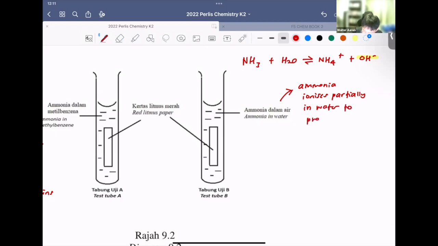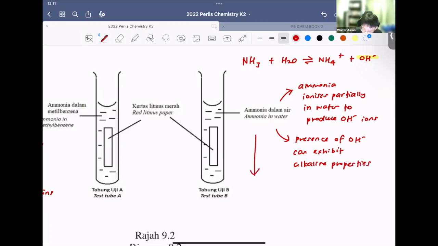And after that, you can also explain that the presence of OH minus can exhibit, or display, or show alkaline properties. So what will happen over here is that the red litmus paper will turn blue.